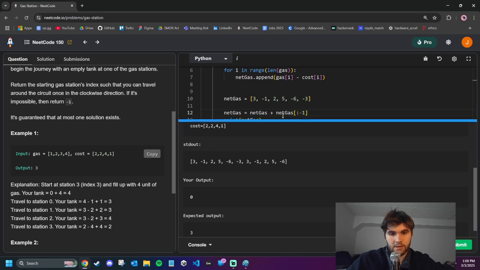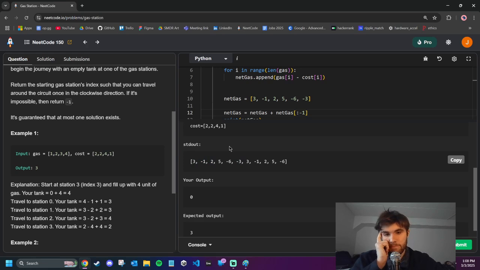Okay, so the last index here is -3. So then I'm just wrapping it around, and then I want to calculate... do I just want to loop through this and find the max total?